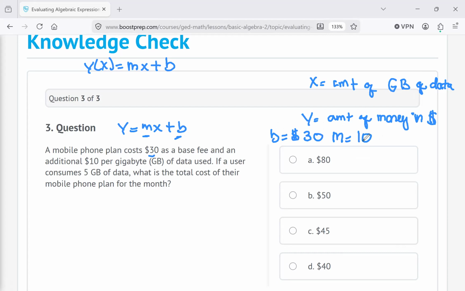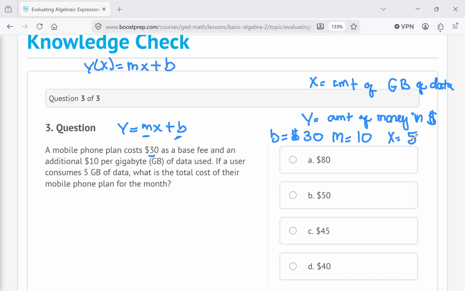Okay, and what else do they tell us? If a user consumes 5 gigabytes of data, what does the 5 gigabytes represent? We said X represents the amount of gigabytes, so X is going to be 5.